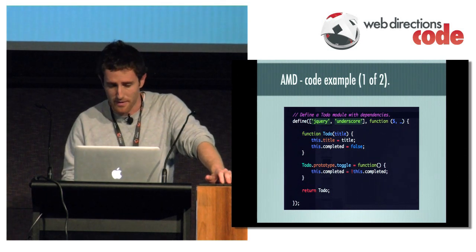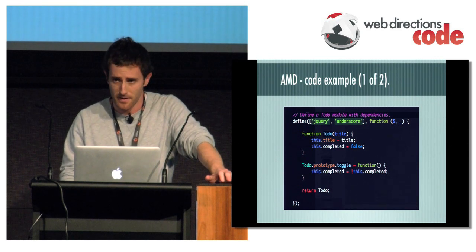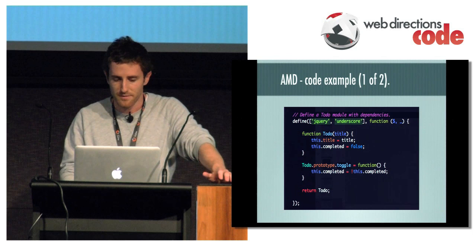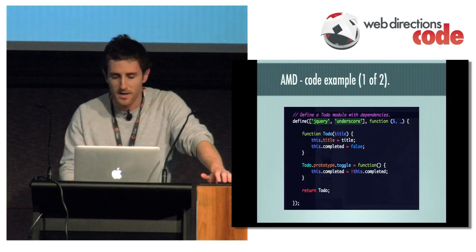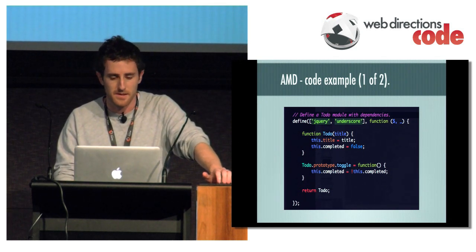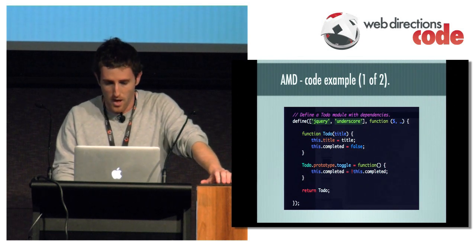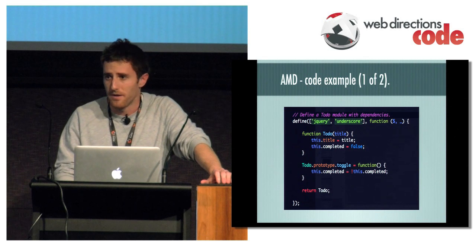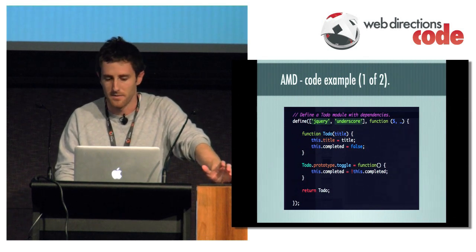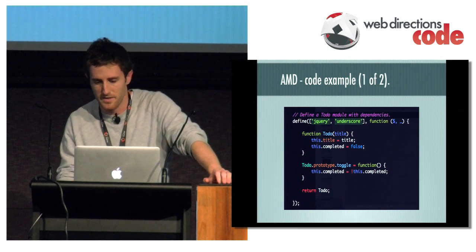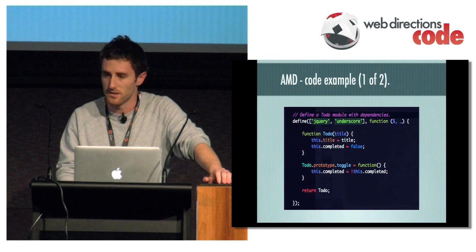There's a function at the very start called define. I've ignored the fact that you can pass in a module name, but we pass in a collection of dependencies that the module we're declaring depends on. When those are all loaded, and they can load in parallel but will be marshaled back in the correct order that you've depended upon them, they'll come into that factory function and be aliased as $ and underscore, the symbols.